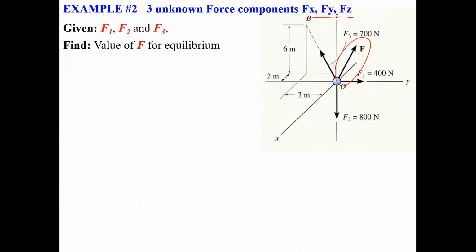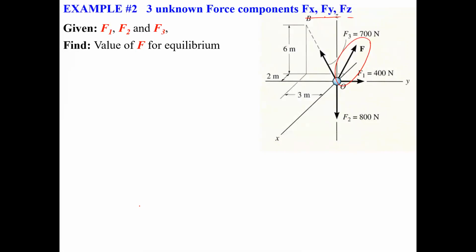You draw the free body diagram, you write the unknown force, and the known forces and all that stuff. So here's how we are going to do this. And let's just use the free body diagram here. It's all pretty much set up for us.